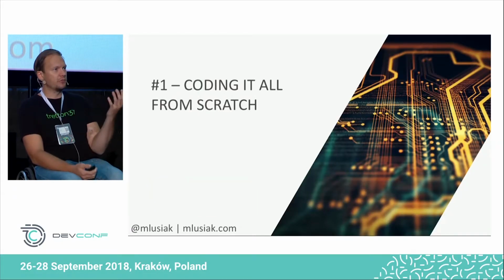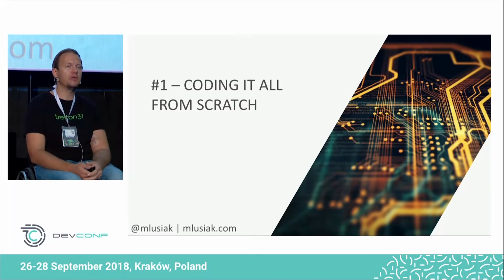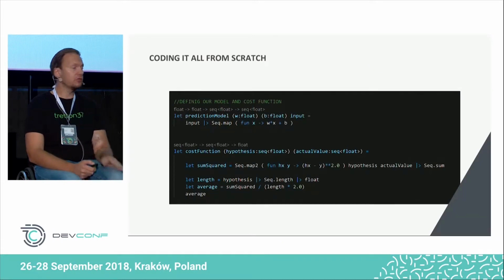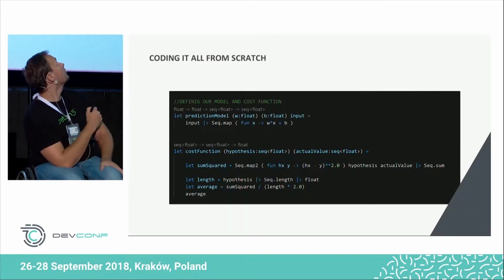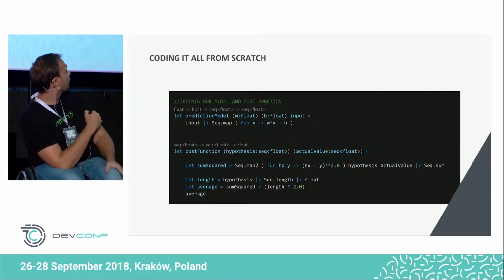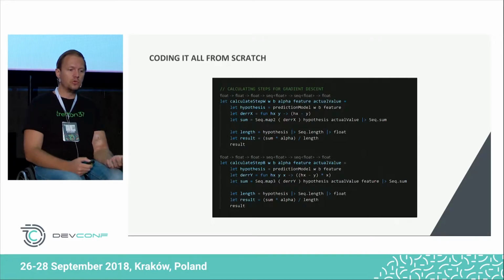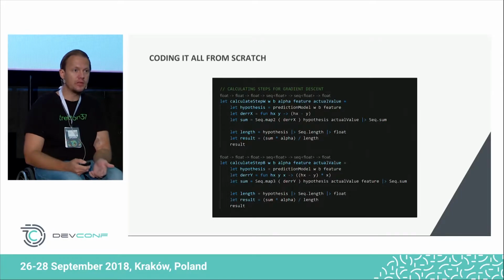So let's start from the most crude way. It's coding it all from scratch. You can write models from scratch. So you can write your prediction model, which is the wx plus b function. You can write your cost function and calculate derivatives for the values and do manual gradient descent.